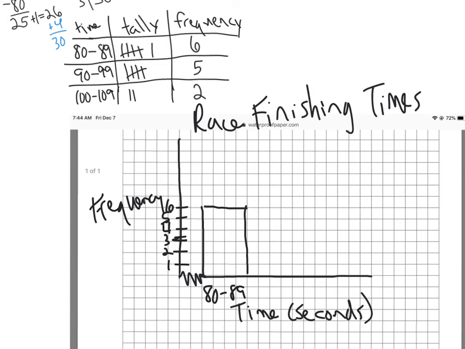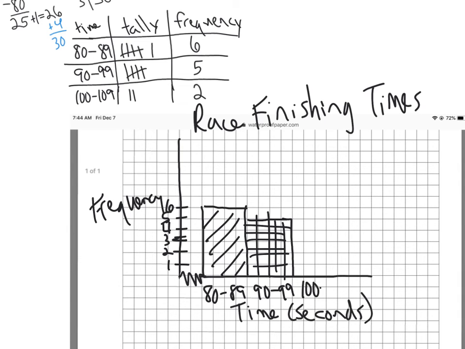And you can make your bars kind of wide if you want, because you are going to have to give yourself room to write the numbers. 90 to 99 is going to be right next to it, and that was 5. And then 100 to 109, and that was 2.